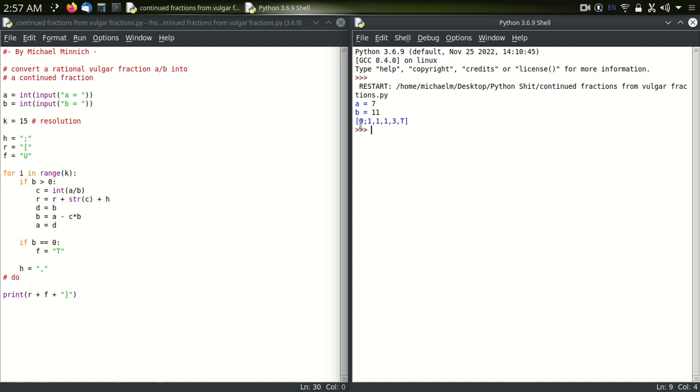7 is less than 11, so the integer component is 0. And then 1 on 1, 1 on 1, 1 on 1, 1 on 3, and then it terminates.